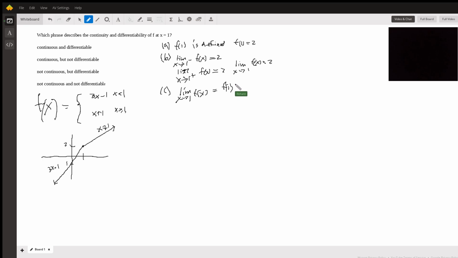And f of 1 is 2, so we have 2 equals 2. So it's definitely continuous. So we can eliminate these answer choices. These are no good here.